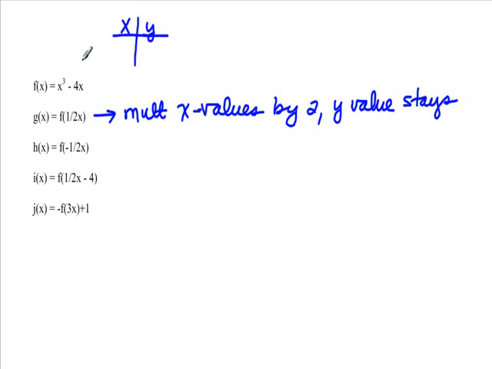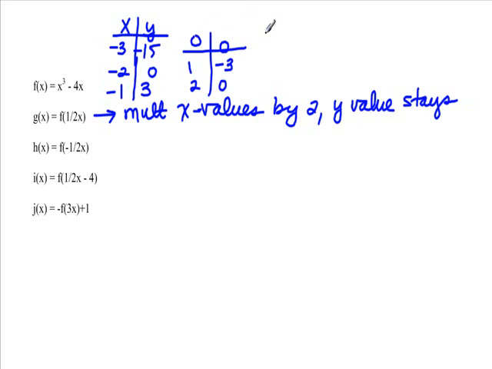You'll find things like (-3, -15), (-2, 0), (-1, 3), (0, 0), (1, -3), (2, 0), (3, 15). Those are points that are on that original function f.